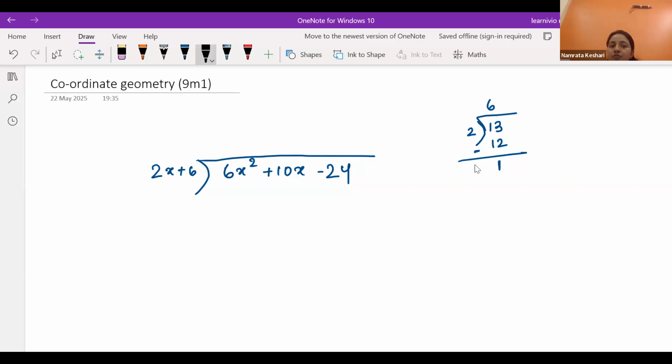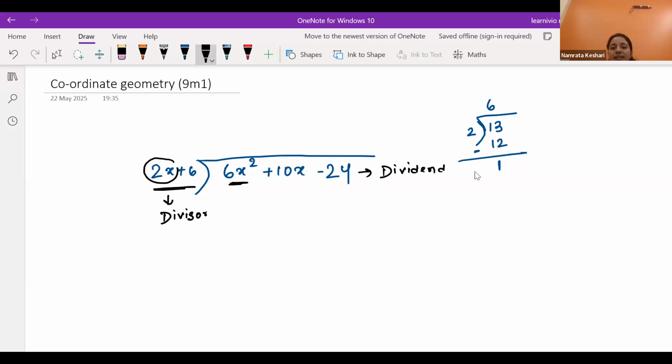So at first you need to focus on the first term of the divisor. See, this 2x plus 6 is the divisor, you all know, right? So we are going to focus on the first term of the divisor and the first term of the dividend. And we will ask ourselves, what should be multiplied with 2x to get 6x square?